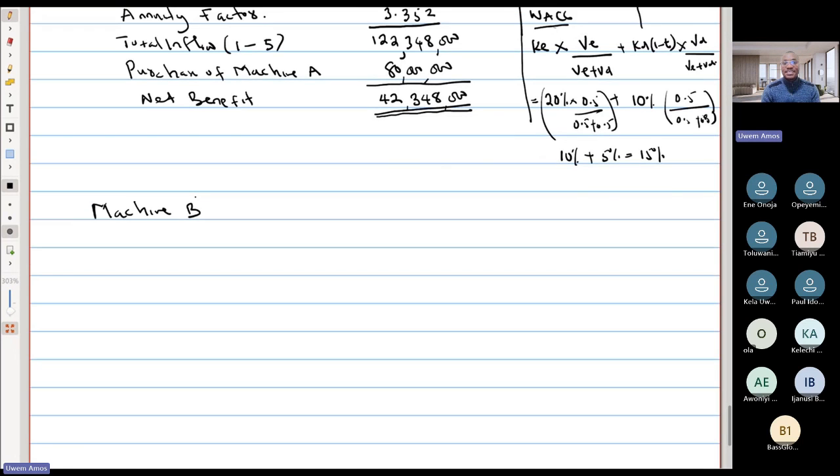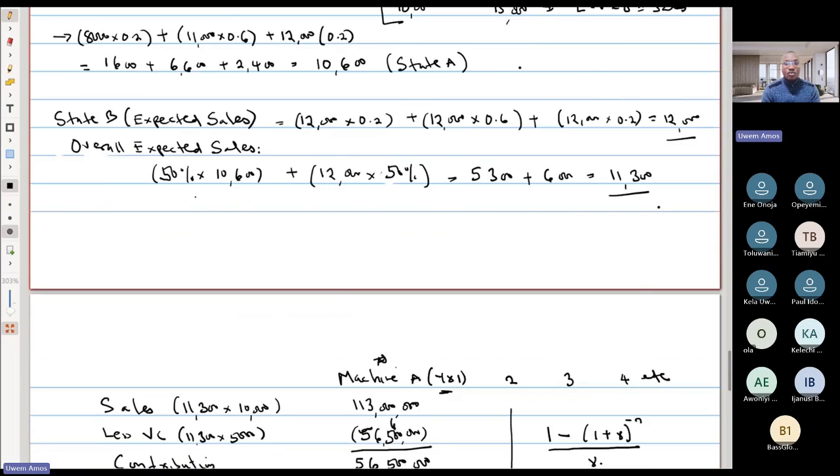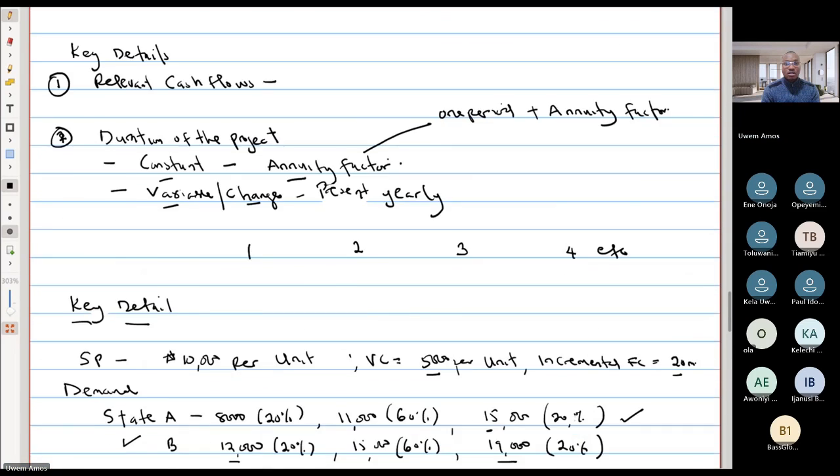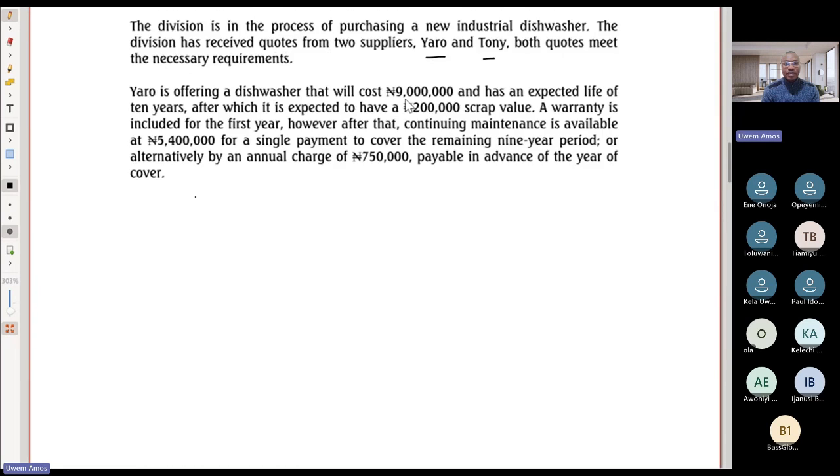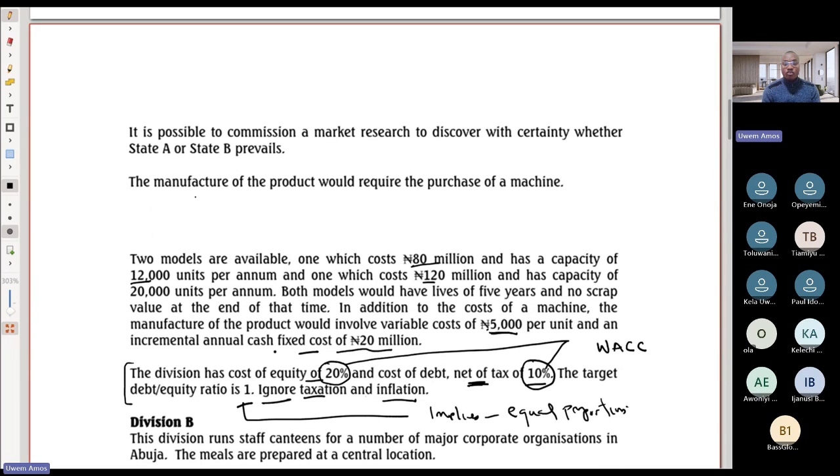Now, machine B will cost us how much? Let's revisit the question. Machine B will cost us 120 million, but it will have a capacity of 20,000 units. Machine A had cost us 80 million, but had a capacity of 12,000.